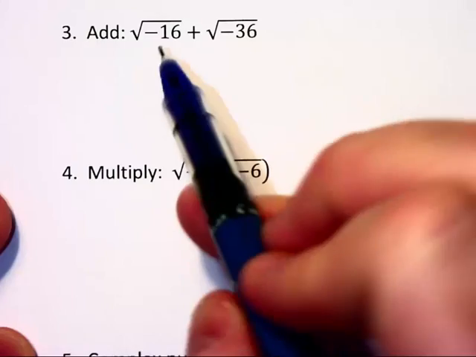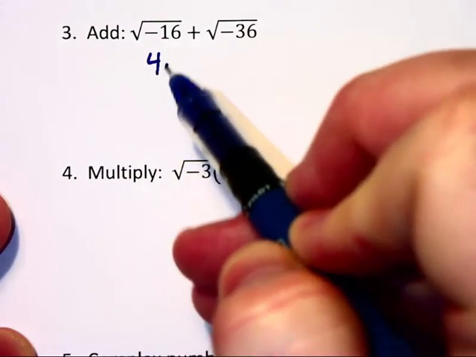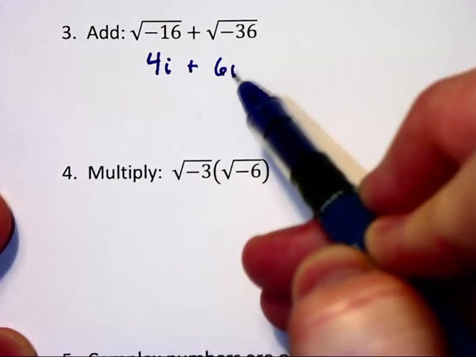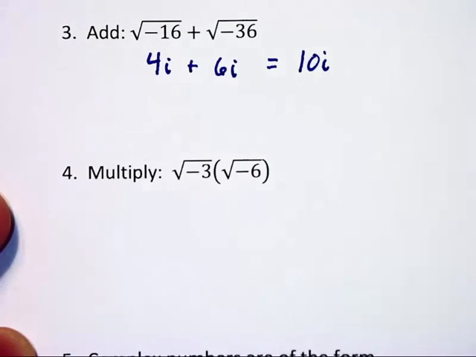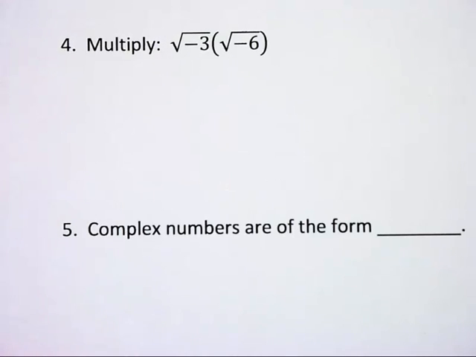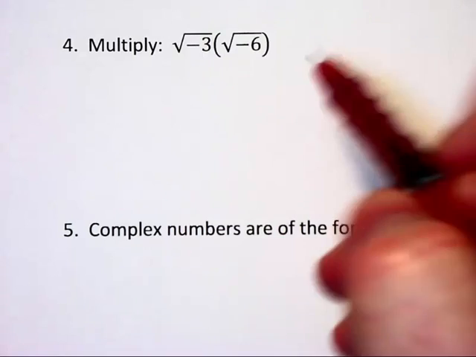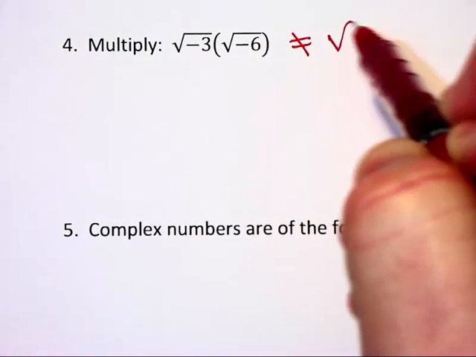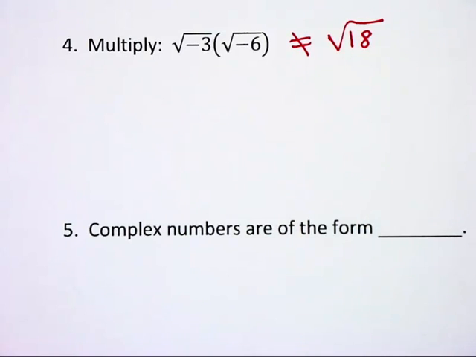In this next problem, we're going to simplify each of these radicals separately. We're going to have 4i plus 6i, which simply enough is going to add together to be 10i. Here is the only property of real numbers that we've got to change a little bit. You may not multiply the radicands together and get the square root of 18 because we're dealing with imaginary numbers.